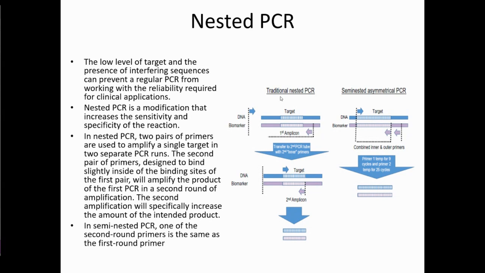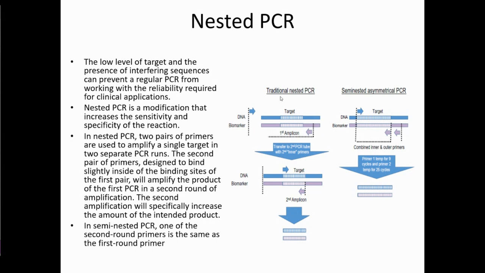The increase in sensitivity arises from the high total cycle numbers, and the increase in specificity arises from the annealing of the second primer set to the sequences produced by the first round. So remember how they increase the sensitivity and the specificity.